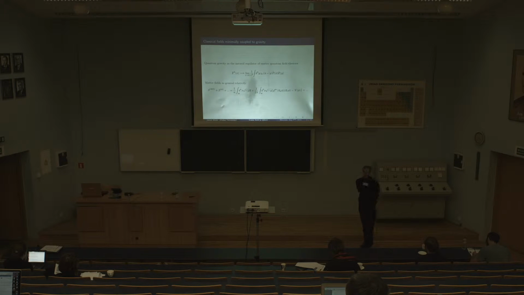Let me first present such an example. We can imagine a particle that is excited to a very high level of energy. If the energy goes to infinity, we have a problem in quantum field theory. The theory is divergent.